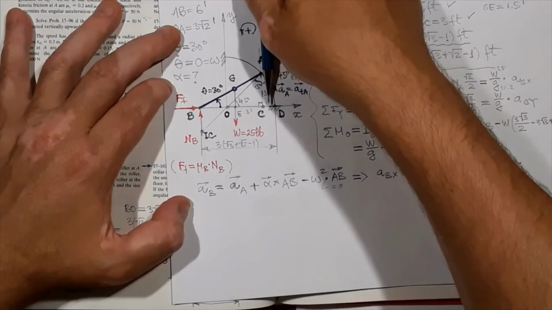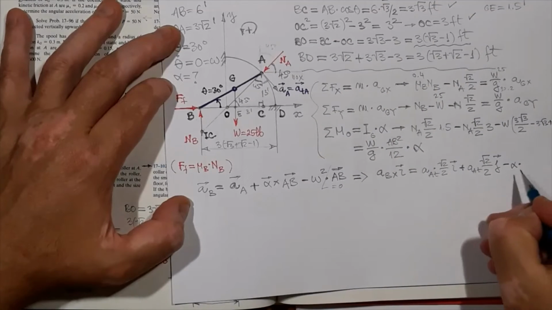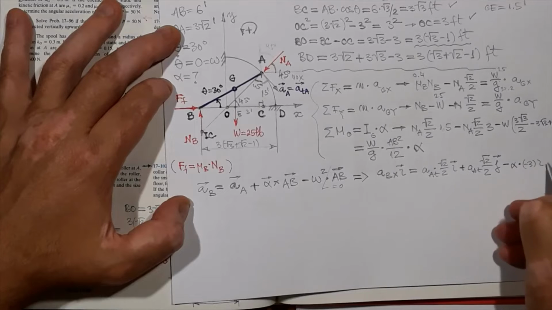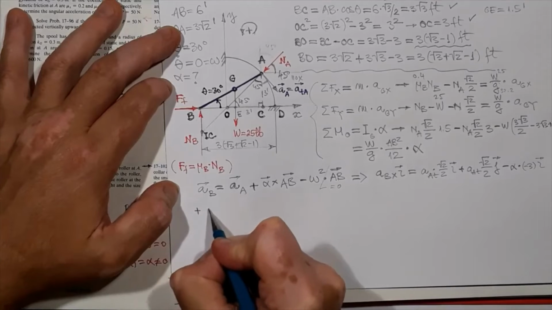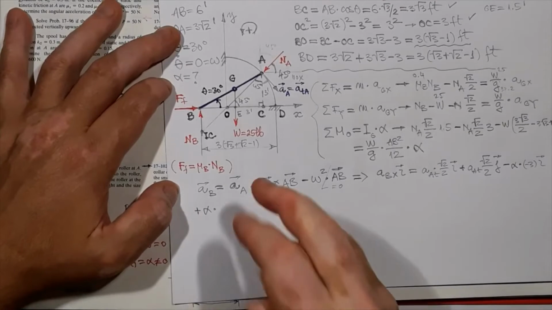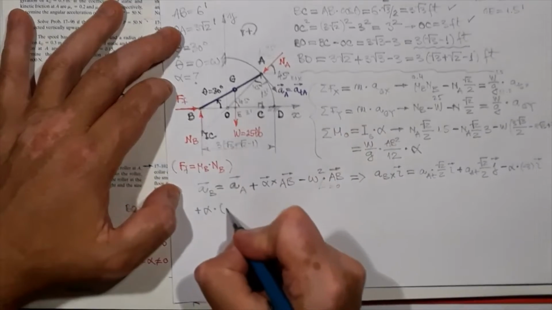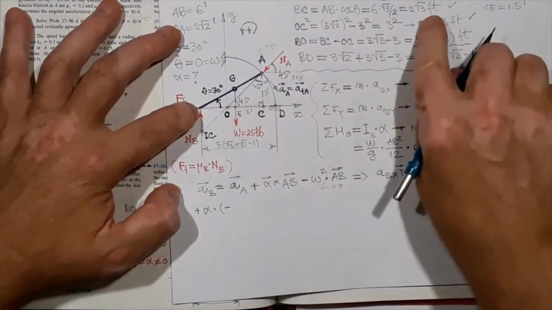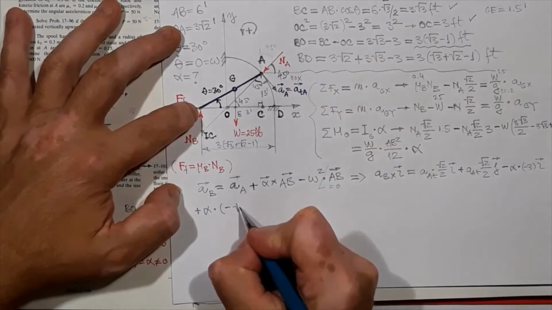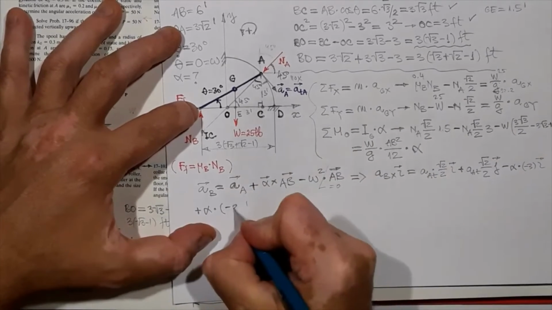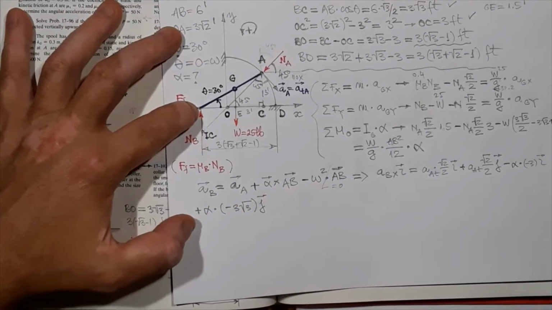The y component of AB is this piece AC, which is 3, but negative 3. So I have negative 3 times I. And then I continue plus alpha times the x component of the vector AB, and that's negative distance BC, negative 3 times square root of 3, J. Okay, and this is it.